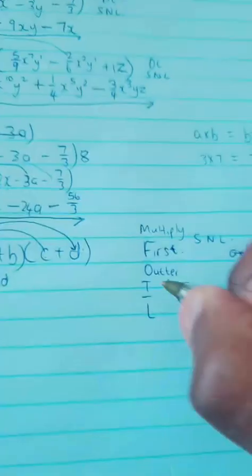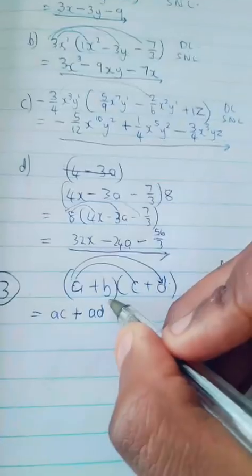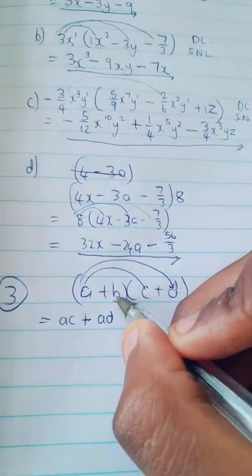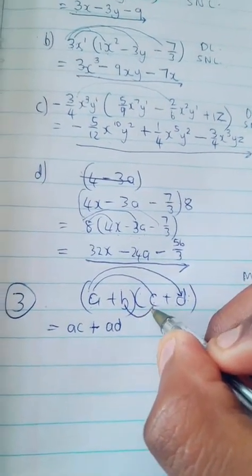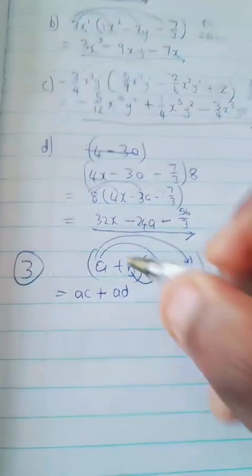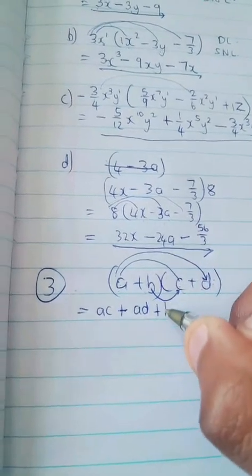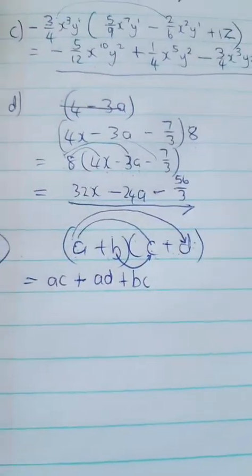Okay? That's the outer. Then we multiply the inner terms. In other words, the second term distributes to the first term. Positive times a positive, positive. 1 times 1 is 1, b times c is bc.